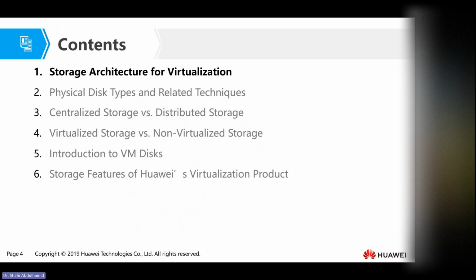The content of the chapter is divided into 6 sections. In the first section, we will discuss storage architecture for virtualization. In the second section, we will discuss physical disk types and related techniques. And of course, as mentioned in the objectives, we will discuss centralized storage and distributed storage of cloud service.